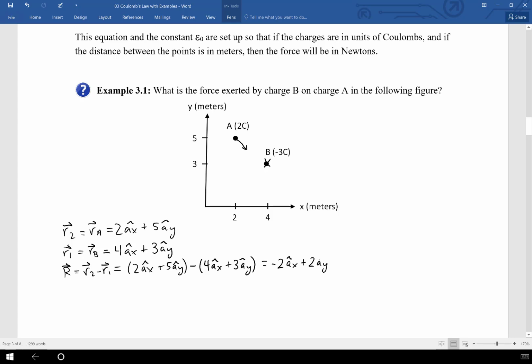So when I have done this subtraction, I end up with R equal to negative 2 a sub x plus 2 a sub y. In other words, I should clarify, F is pointing this direction, but R is pointing in this direction.